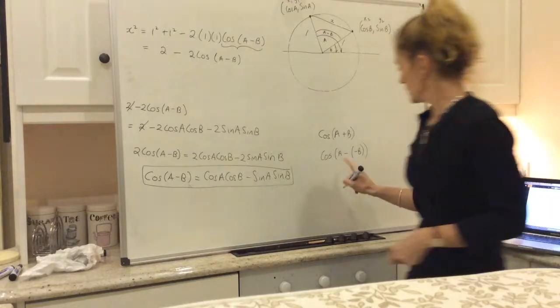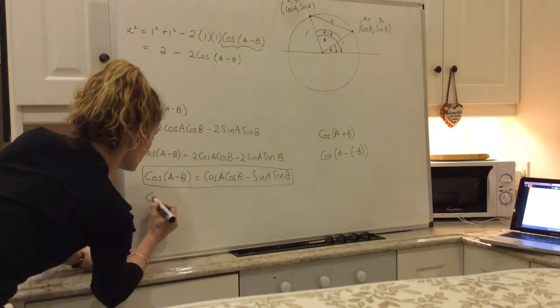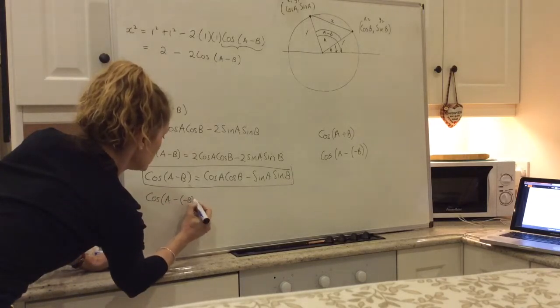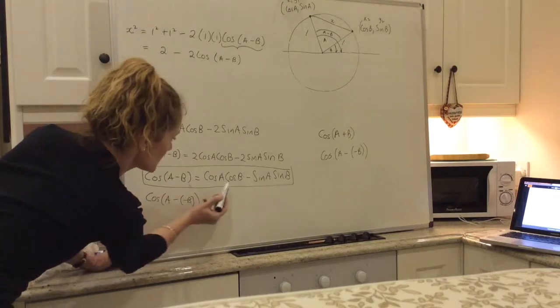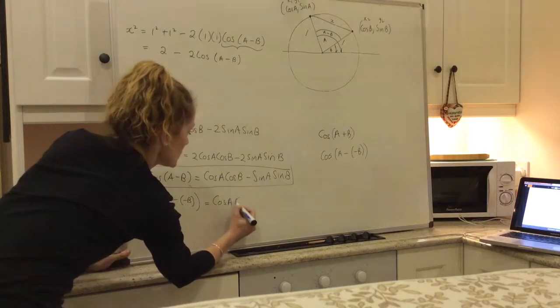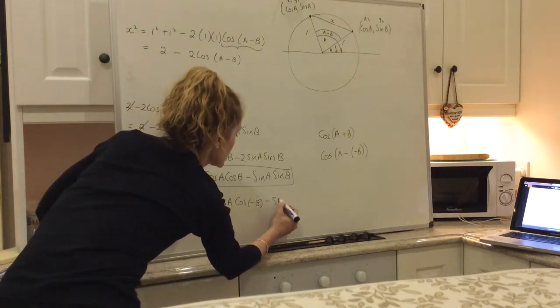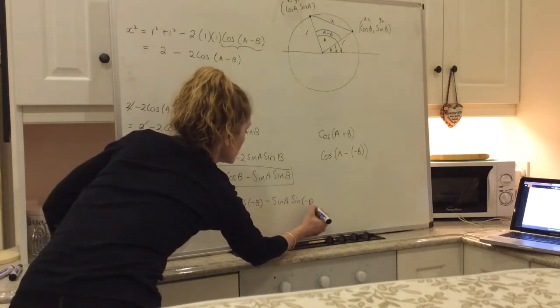So the cosine of A minus B just means we're going to put a minus B everywhere we see a B. So that's equal to cosine A cosine minus B, minus sine A sine minus B.